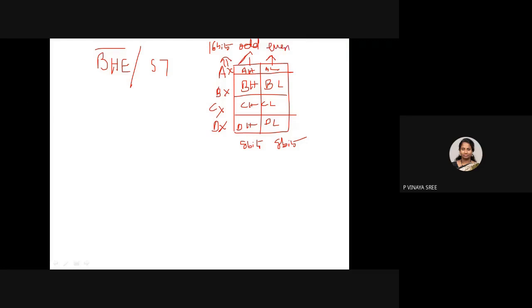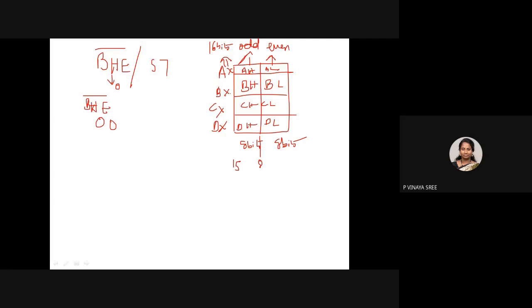Okay. So here we will have some combinations, 0 0. So you will have BHE bar. If this is 0, that indicates that the processor is accessing the higher order 8 bits, that is from 8 to 15, or odd banking.